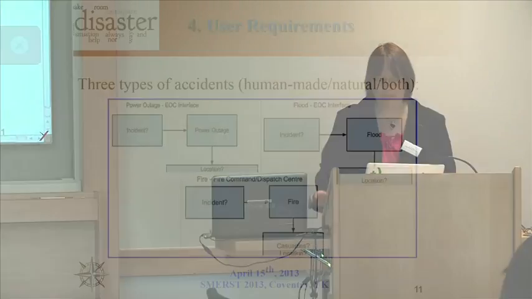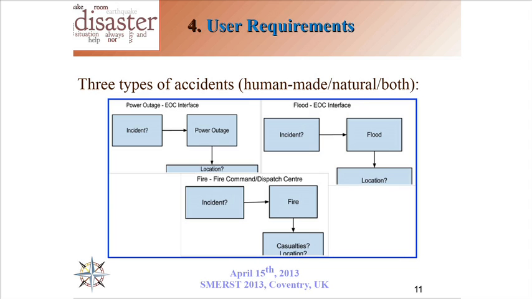We actually did this in order to reflect three types of accidents: human-made ones, like you see in this case. This is actually a screenshot of the beginning of the workflows. You see, power outage is a purely human-made one.